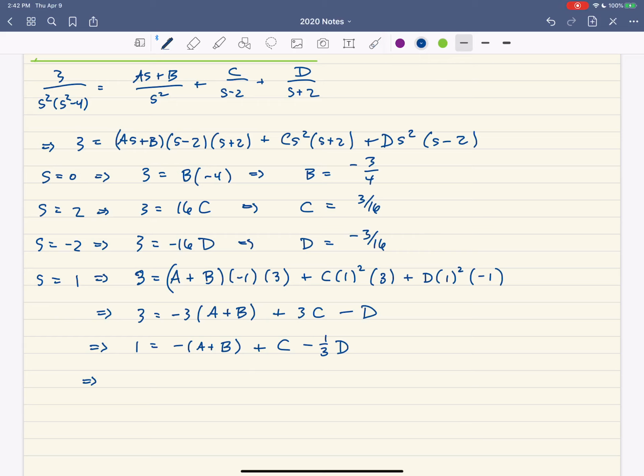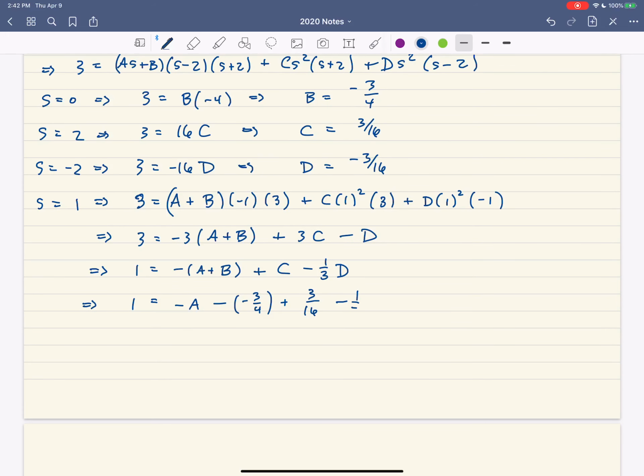So this tells us that 1 is going to be equal to negative a minus b, we said b was negative 3/4, plus c, that's 3/16, minus 1/3 d, which we said was negative 3/16.